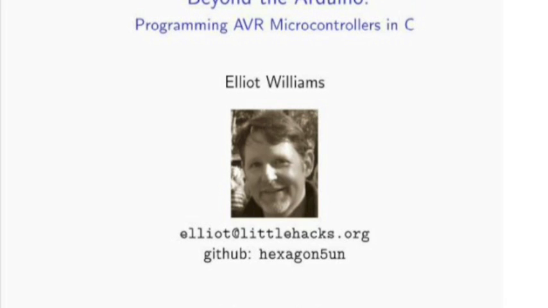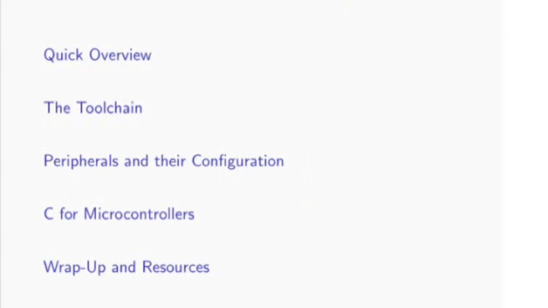So quick outline, I'll do an overview of the chip and how it works. A lot of this will be similarities to how it works with Arduino, and then a bunch of differences. I'll talk about the AVR programming toolchain from compiler through hardware programmer to the chip on a breadboard. This will bring us to making better use of a lot of the AVR's onboard peripherals.